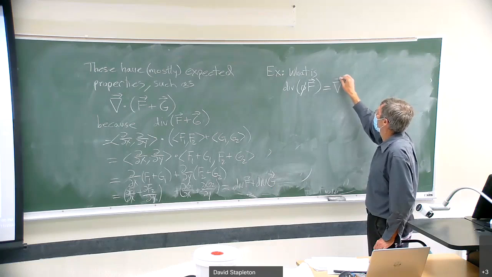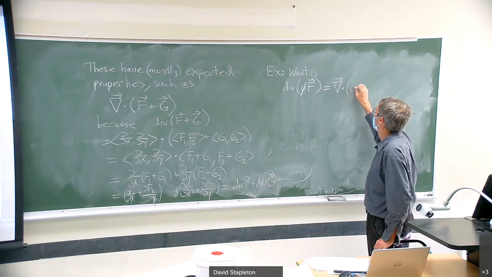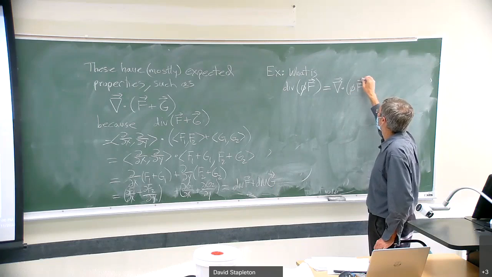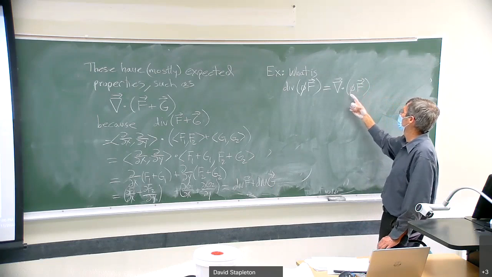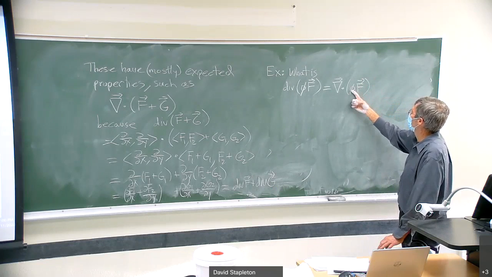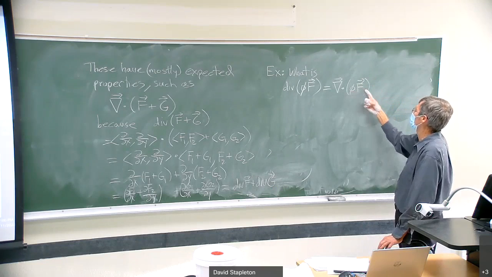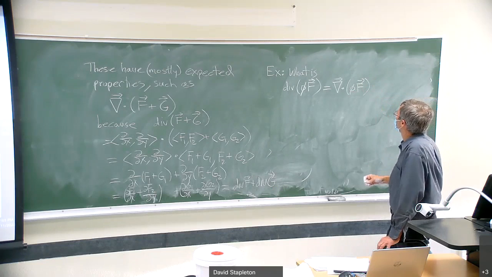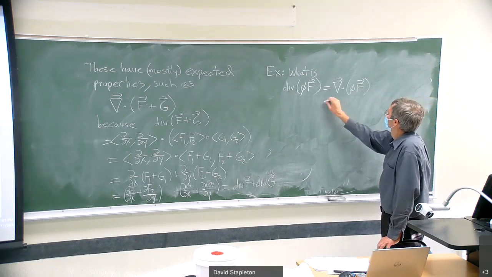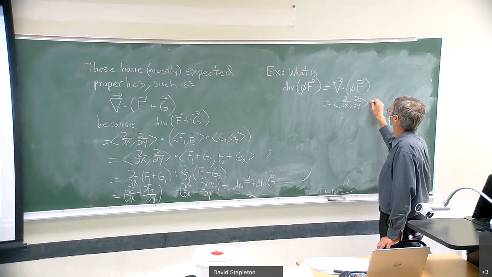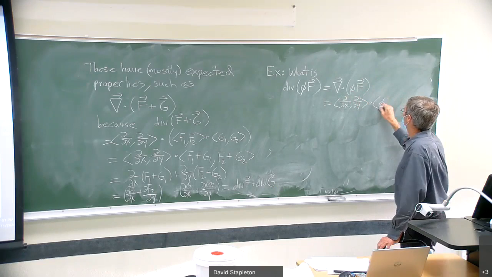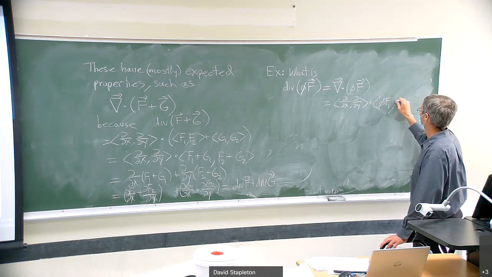Divergence means del dot, so we're taking del dot phi F. And then phi is a scalar field. This is like taking a scalar, a number, and multiplying it by a vector. It's just that these are both functions of the coordinates, so you're doing it in every coordinate. And so this is d dx, d dy dot phi f1, phi f2.